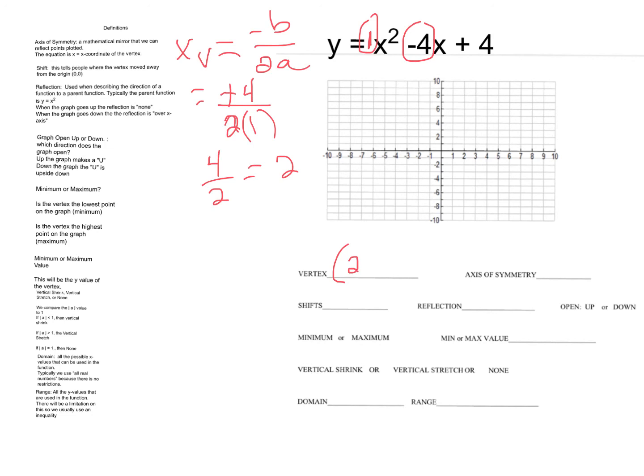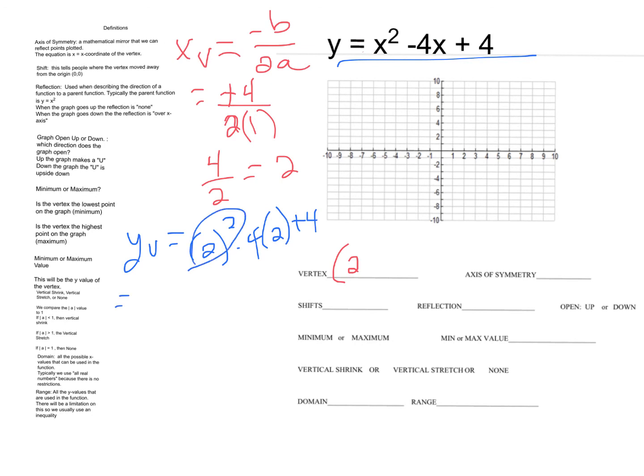Then, to get the y-coordinate, we're now going to plug that back into my original equation. So y vertex equals 2 squared minus 4 times 2 plus 4. Well, 2 squared is 4.